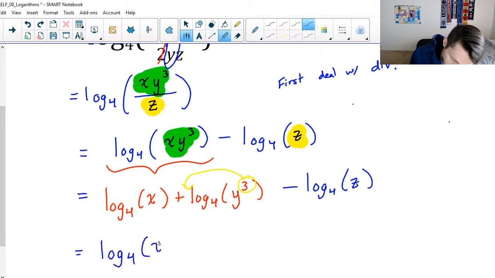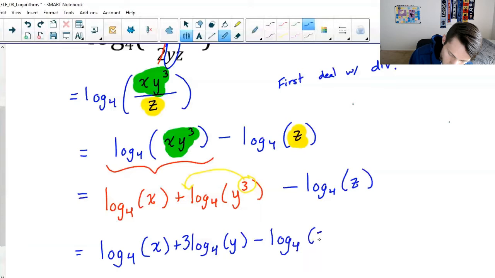Log base 4 of x plus 3 log base 4 of y minus log base 4 of z.